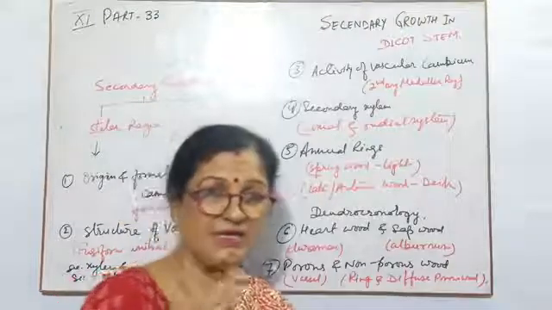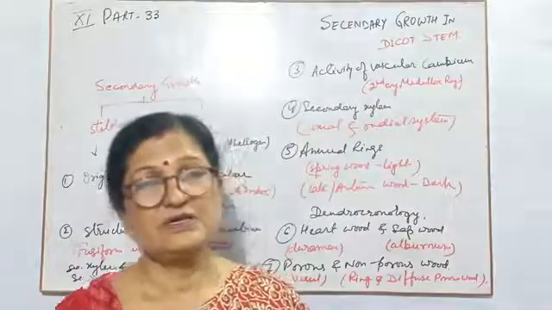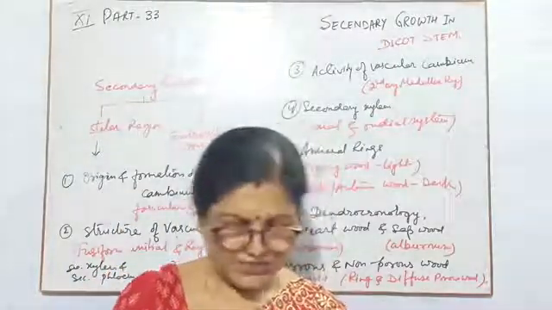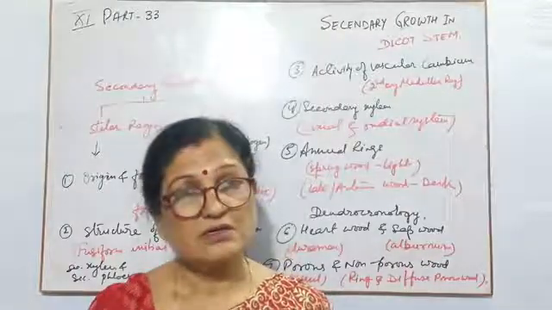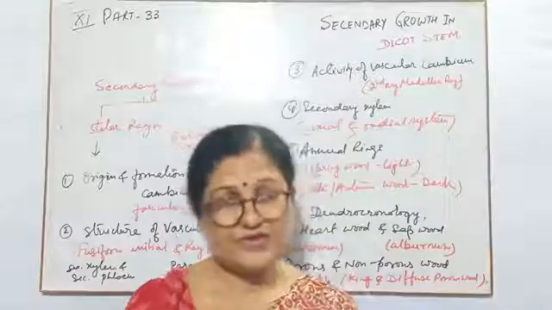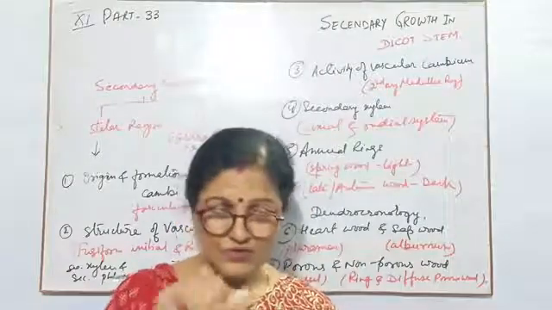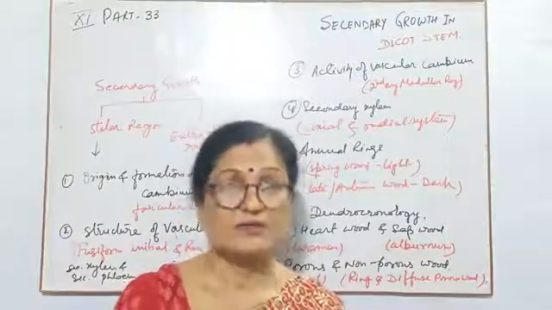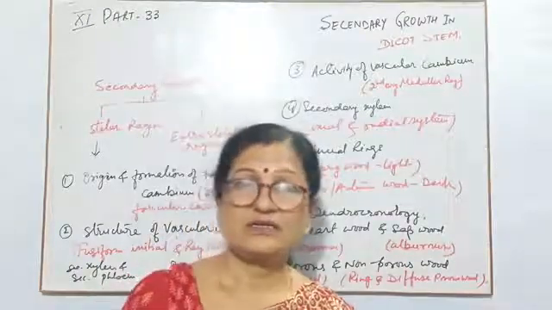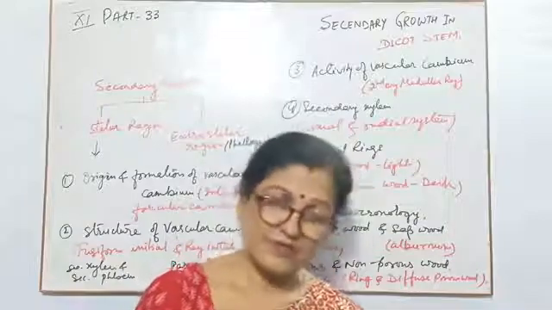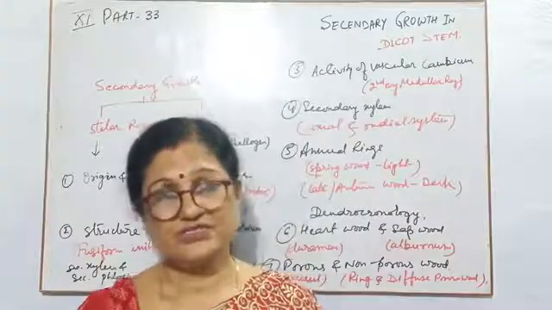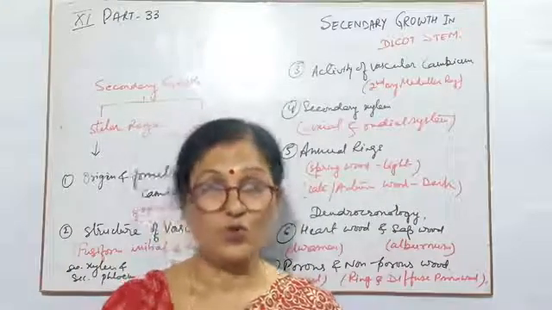By counting, if there are 12 rings, you can count 12 and divide by 2, that means 6 years is the age of that tree. Or you can count the dark rings, there are 6, so it means the same result, that the tree is 6 years old.